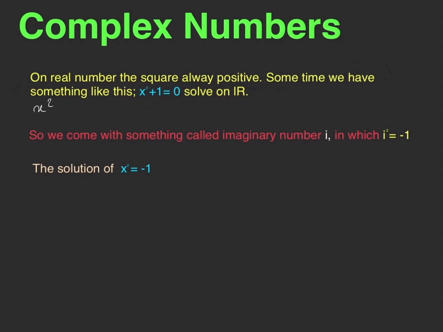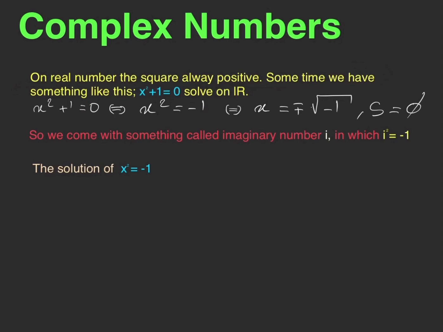We have x squared plus 1 is equal to 0. Therefore x squared is equal to minus 1, therefore x is equal to plus or minus the square root of minus 1, so the solution of this equation does not exist in R.